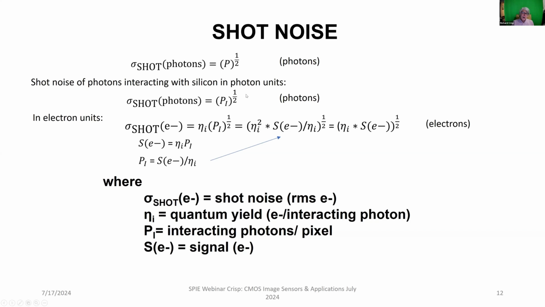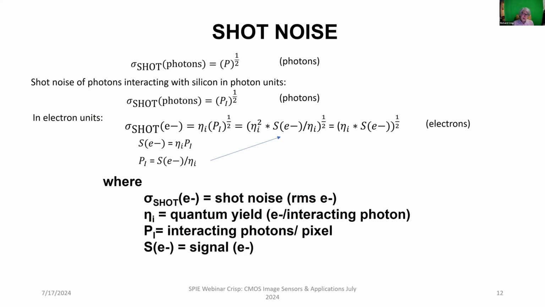Now, not every photon that hits the silicon interacts with it, but those that do yield a whole electron pair. And for visible light in silicon, that quantum yield n sub I is equal to 1.